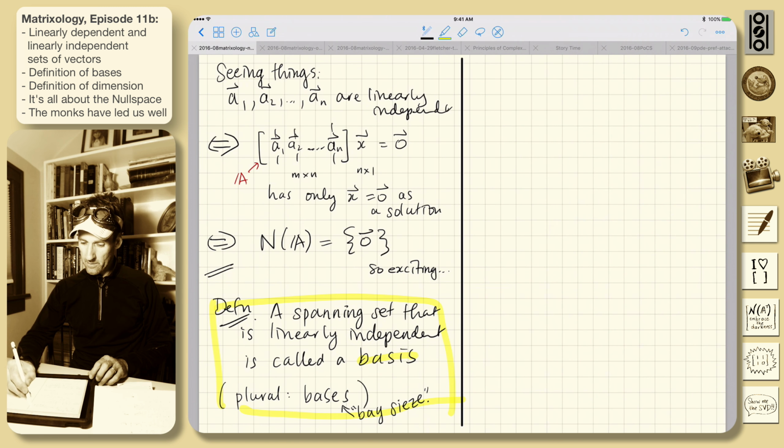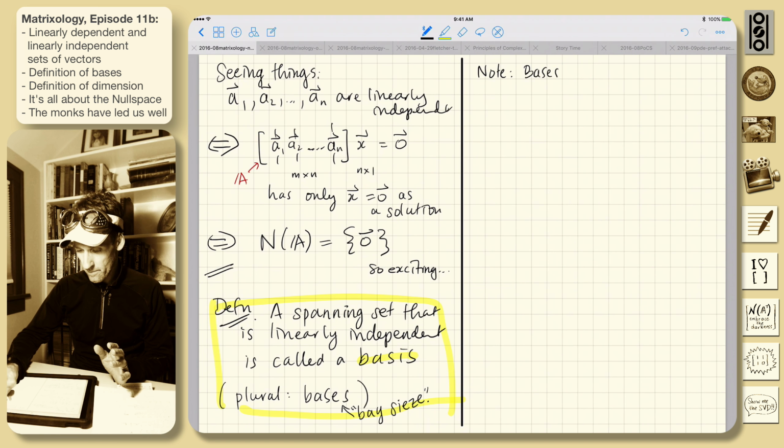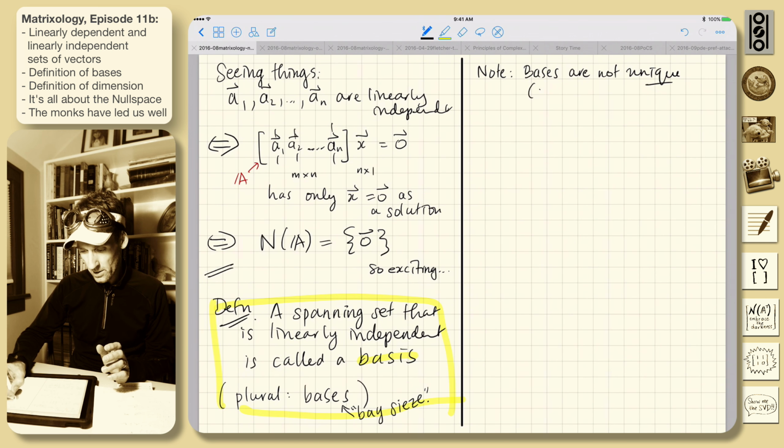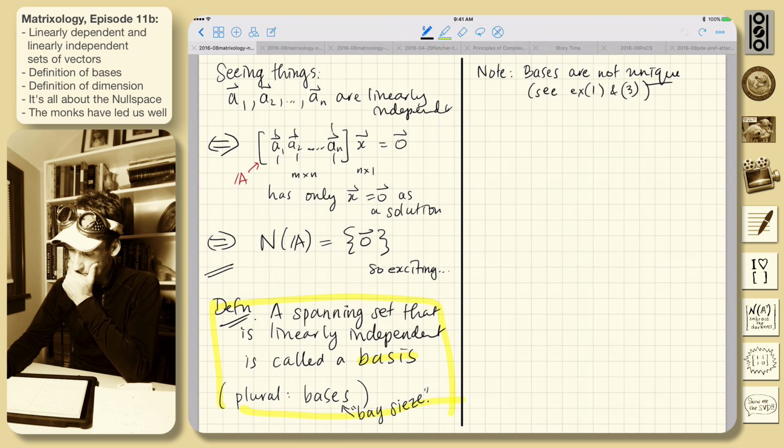So a definition. A little note on that: bases are not unique. They're not special. Just as we said, not unique. See examples 1 and 3 above. I hope we've got that idea.